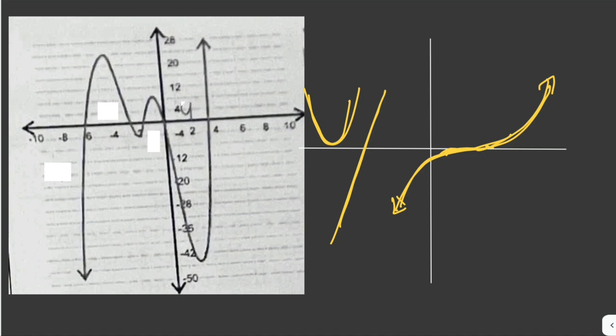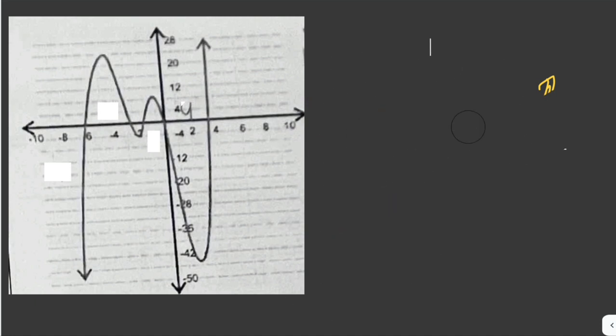So let's take a look at the example here. This given graph here. First, let's determine the sign of the leading coefficient of this given graph. Taking a look at the end behavior of the graph, the far right end, this one here, the graph goes up at the far right end, so that means the leading coefficient is positive.